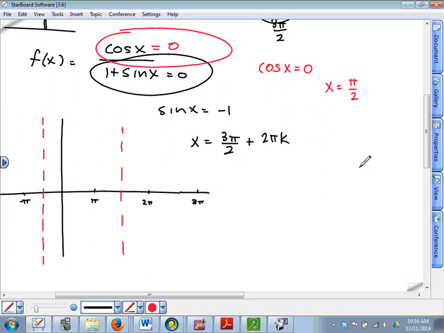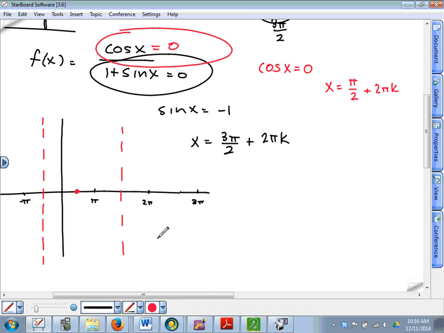But what's the problem with that? That's an asymptote, so that's no good. That one wouldn't work because that's a domain restriction. So we know there's one at pi halves plus 2 pi k. So anyway, we know there's going to be an x-intercept right there, every pi halves that you can get to without hitting an asymptote.